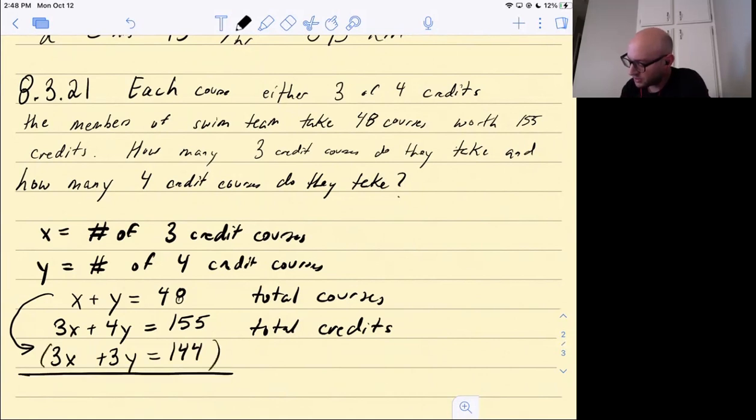So just put a minus on everything on the outside. You get y is equal to 11. And therefore, x would equal 37.